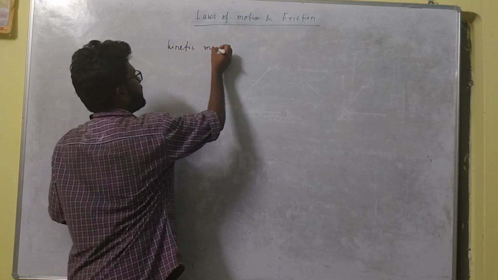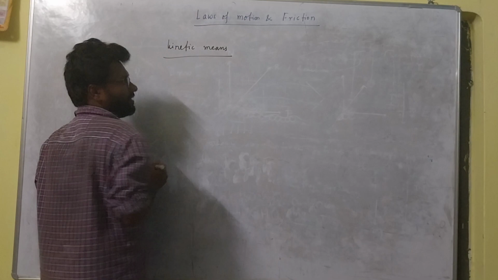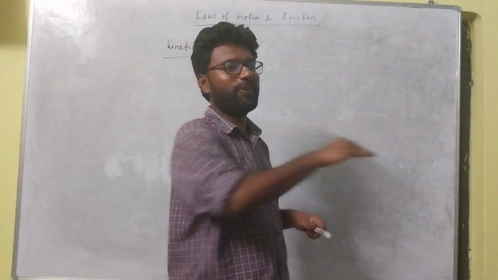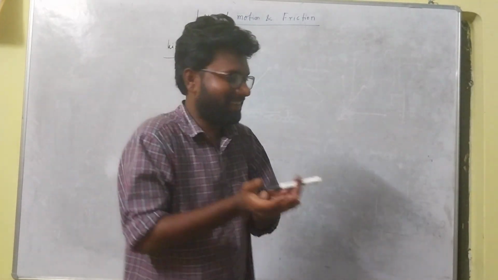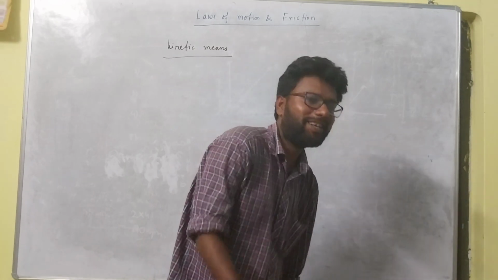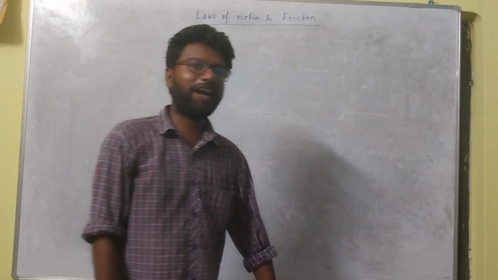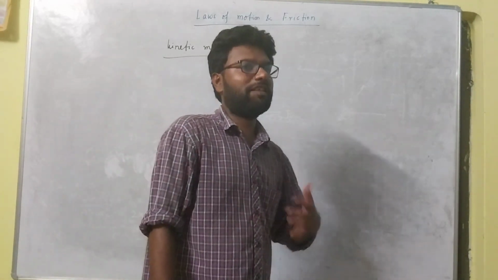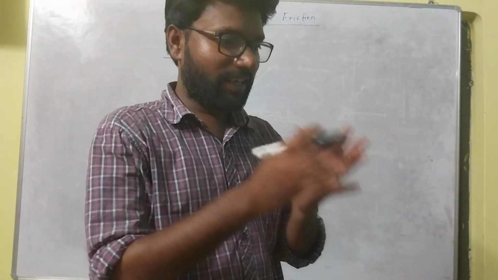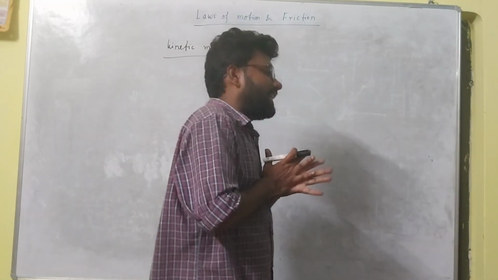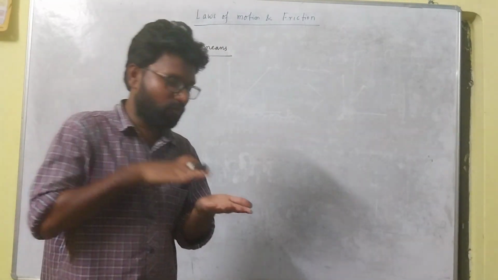What is meant by kinetic? Kinetic means an object is moving; it has a speed. All of you know kinetic energy is half mv squared, so the velocity is related. The kinetic means the body moves.